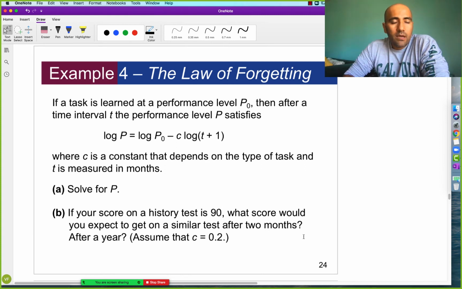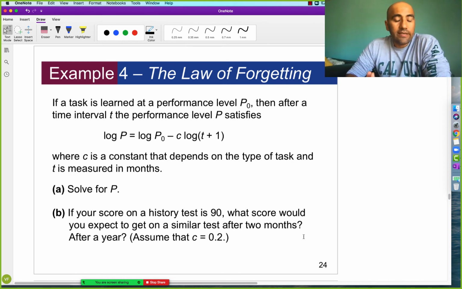P0 is some sort of metric to gauge how well you understood a given task. T represents time. C represents some constant that is special to that task. And then P is your performance level after t time has gone by.